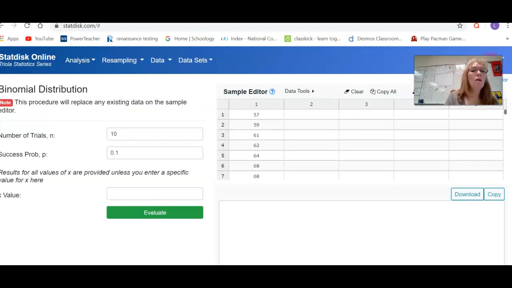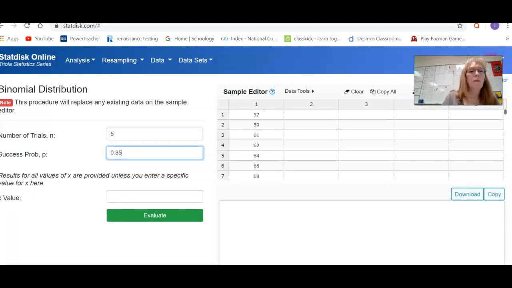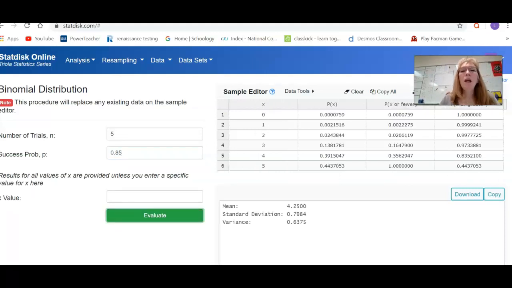In here, number is how many trials we have, which is 5, because we have 5 people we are choosing from. The probability of success for us is 0.85. We're going to leave X value blank because then it will give us all of them. So just hit evaluate. Whoops, I hit 2. And your table shows up.